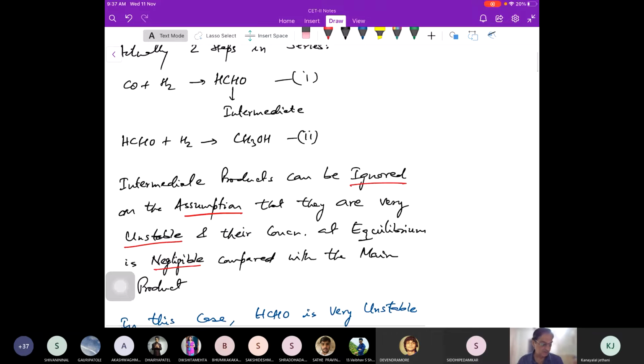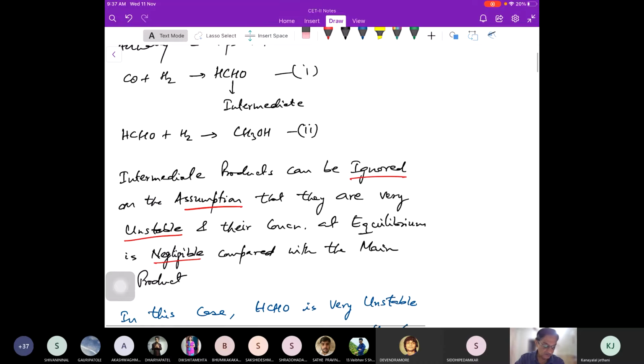So intermediate products can be ignored on the assumption that they are very unstable. Generally, they are very unstable. Their life or residence time or rather existence time is very small, and their concentration at equilibrium is negligible.